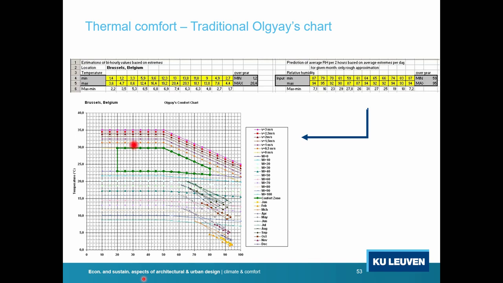And then you see the additional lines. If there's a lot of wind and you can use it in your building, you go up the comfort zone. Or if you have access to solar radiation through the design, then it goes down a bit. That helps you to understand how your comfort is in your specific situation.